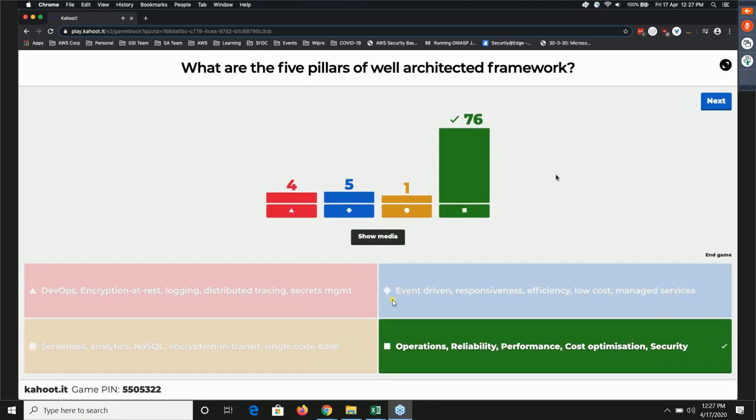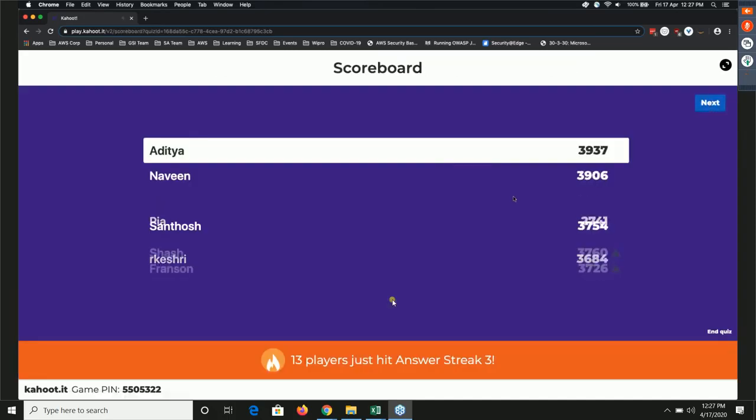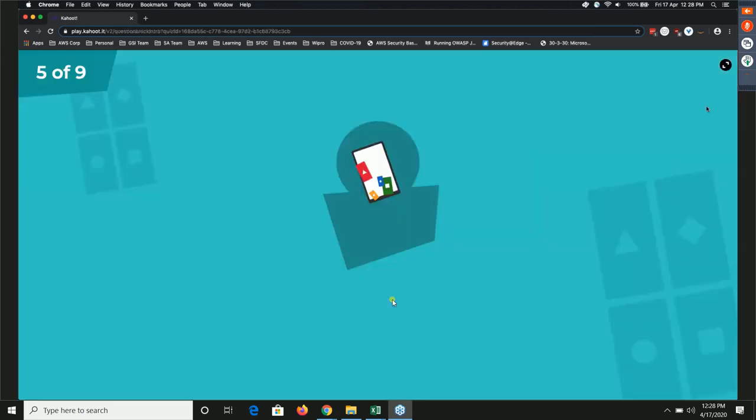All right. We still have a few people answering the other ones, but yes, operations, reliability, performance, cost, and security are the 5 pillars of the well-architected framework. All right, guys, awesome. Cool. Aditya leading the board, Naveen, Shash, Santosh, and Franson. All right, let's go to the next one.